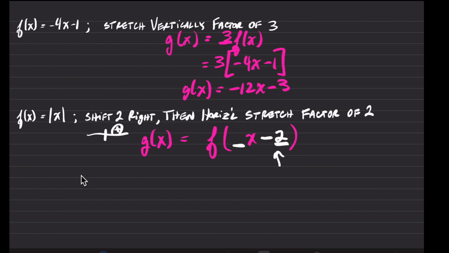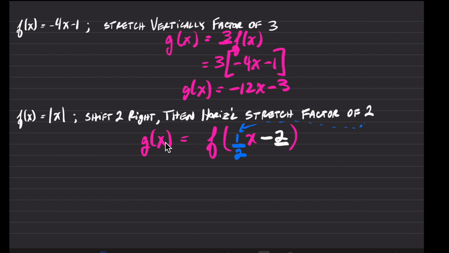Let's now move to the stretch. First, notice the word stretch, the descriptor, matches a factor of guy that's greater than 1. When we bring factor of guy in as inside guy, we're going to do the reciprocal. So that's going to be our transformation: f of 1/2 x minus 2.